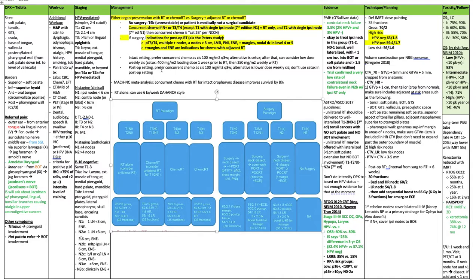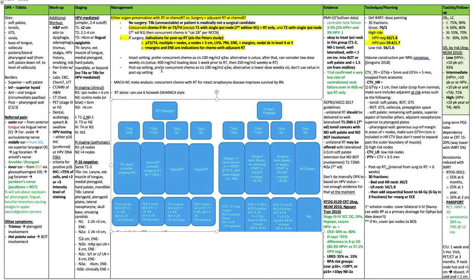For T3, N0, T1 to 2, N1, you get surgery and neck dissection, commonly post-op RT or post-op chemoradiation for positive margins or extracapsular extension. Dose here again is 63 gray if ECE, 60 for post-op, 54 low risk with a boost to 66 for positive margin, again 30 or 33 fractions.